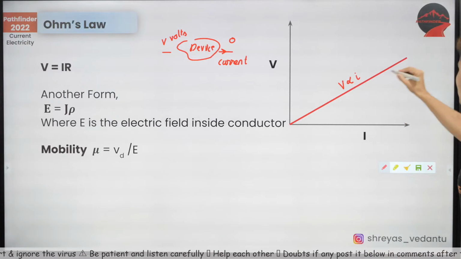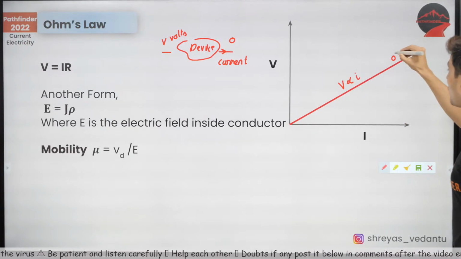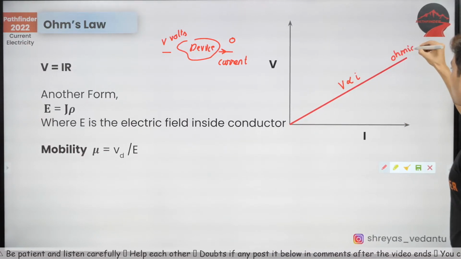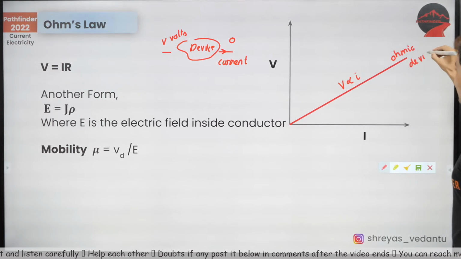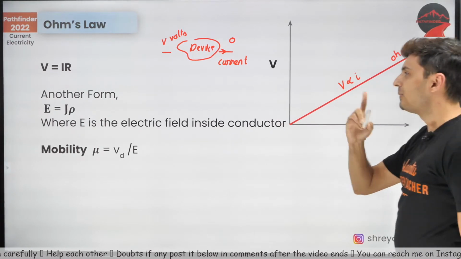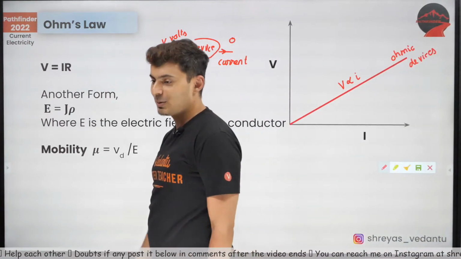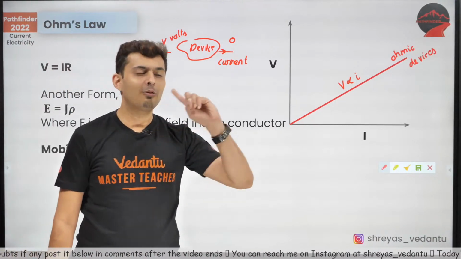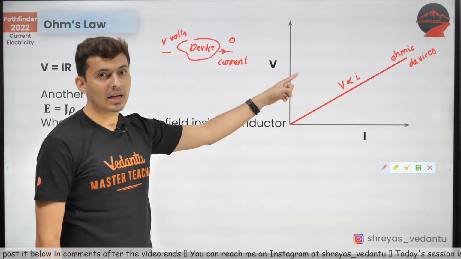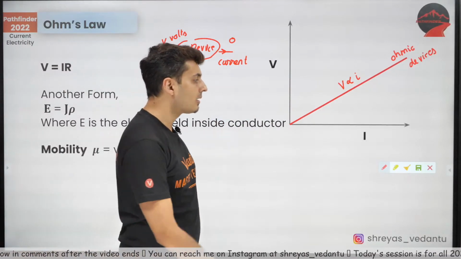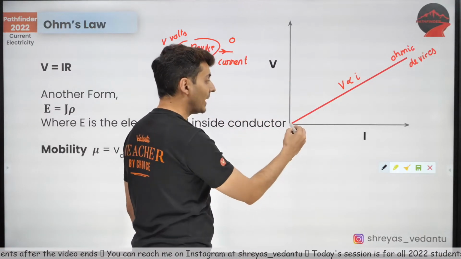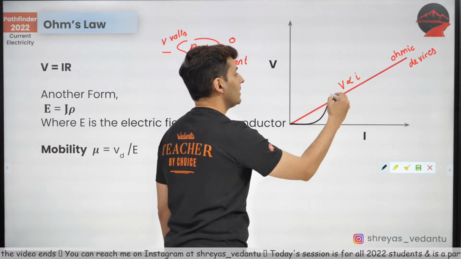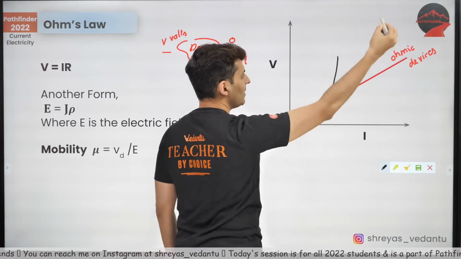Now, this kind of straight line graph is only true for ohmic devices, where voltage is proportional to current. There are certain devices which do not exhibit this proportional behavior. You might see probably things like this, or maybe some other graph.